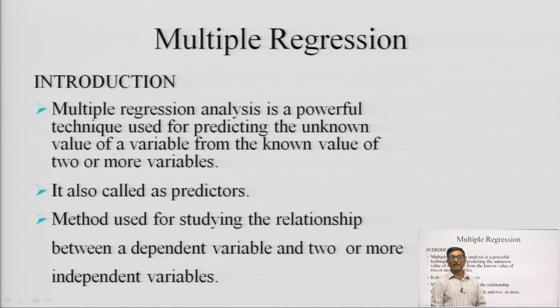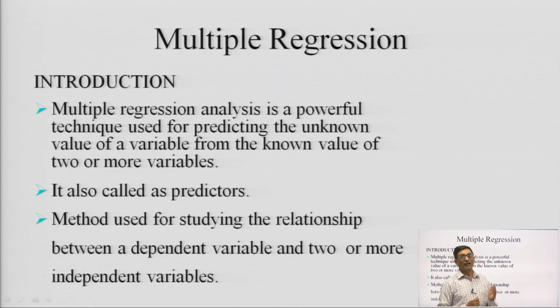Another term is multiple regression. Multiple regression is a powerful technique used for predicting the unknown value of a variable from the known values of 2 or more variables. So if we have 2 or more independent variables and we want to predict the value of one dependent variable, we apply multiple regression.